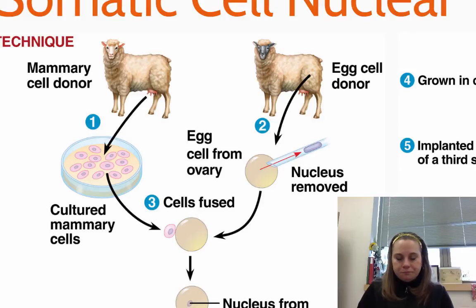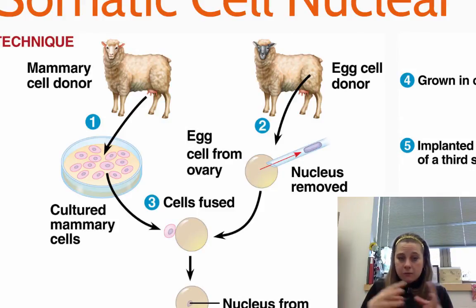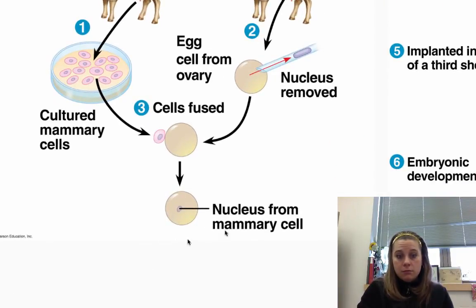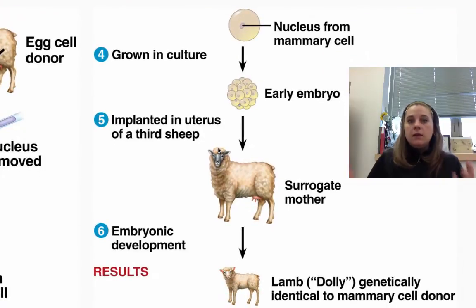So you've got the cell donor. Then you have the person who's going to donate the egg cell, or the sheep. You suck the nuclear contents out of the egg. You take the information from the cultured cells and you put it into that, fuse those cells together, okay, and then you get a single cell with the nuclear contents from the donor. Okay, next part is let it divide, grow it in a culture, and you get an early embryo.